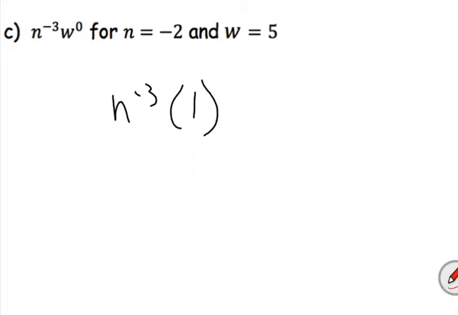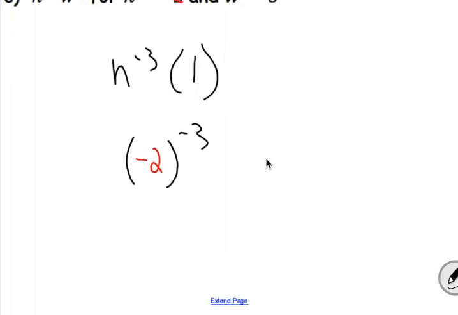N is negative 2. I'm going to plug that in for n. So we got negative 2. Let me use the color here. So n is negative 2. Again, I recognize that I have a negative power, so I need to make this a fraction over 1. So over 1.